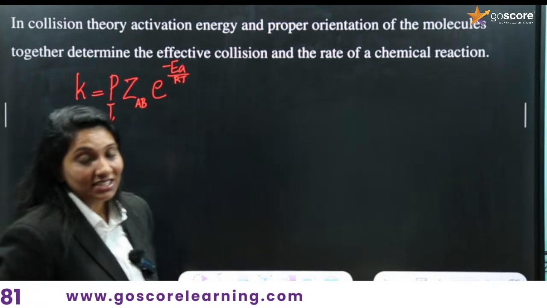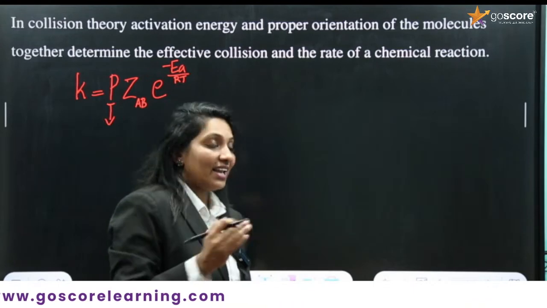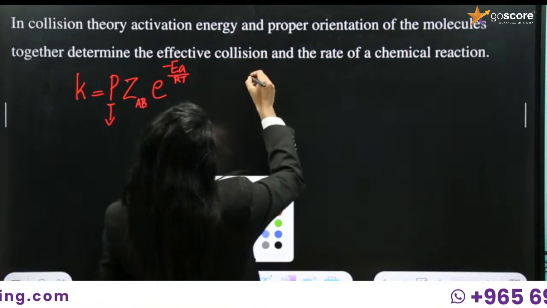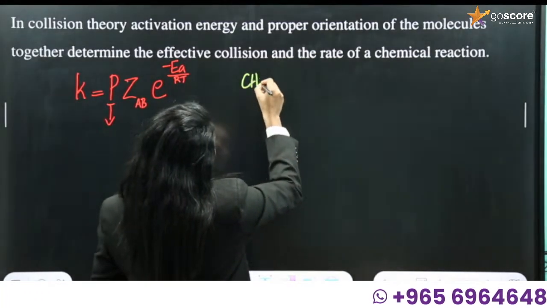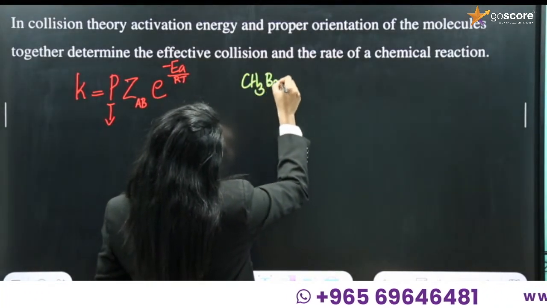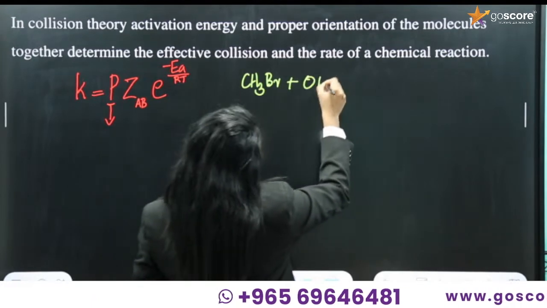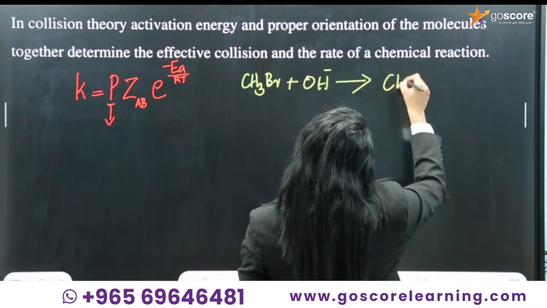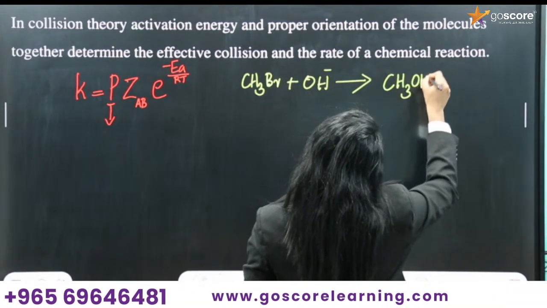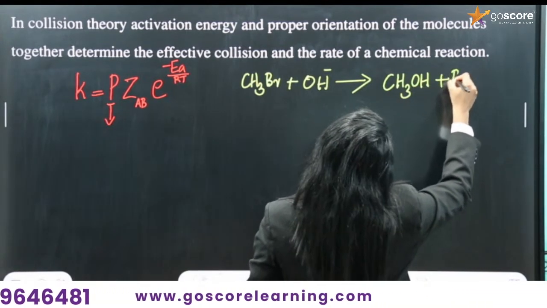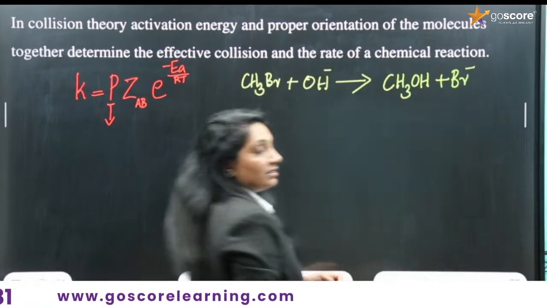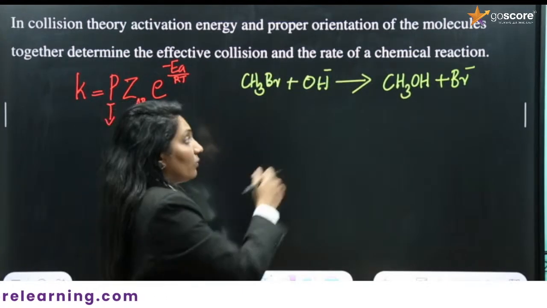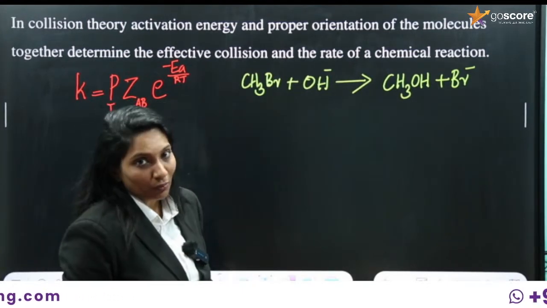What is orientation? I will explain it with an example. Here we are taking the reaction CH3Br reacting with OH minus, and we get CH3OH, methanol, plus Br minus. I can write this reaction two ways, with proper orientation as well as improper orientation.